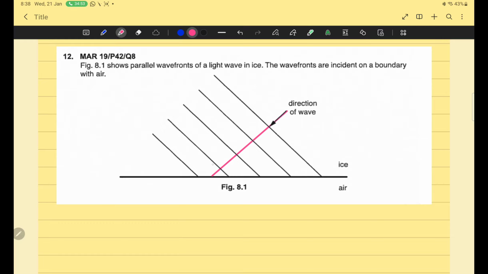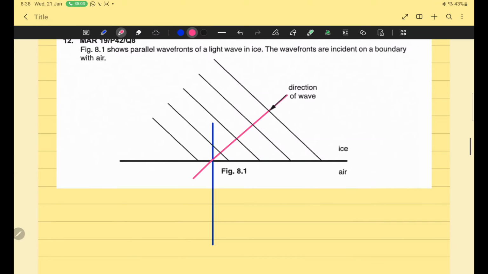Number two, if I draw a normal at the point of incidence, then obviously the ray will not go straight. It will bend towards the normal or away from the normal. Arisha, can you help me? Where will the ray bend, towards the normal or away from the normal?